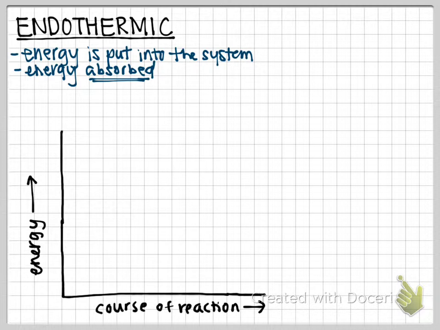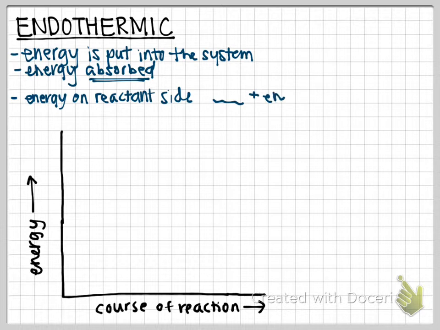You could also look at it, that means because energy is absorbed, energy is going to be on the reactant side of the equation. So on reactant side, meaning if you have some compound plus energy equals some products.